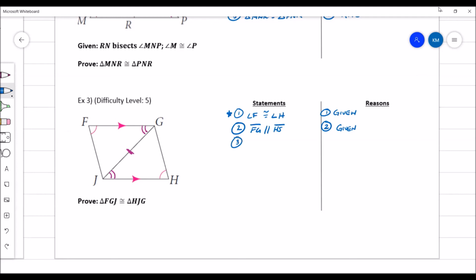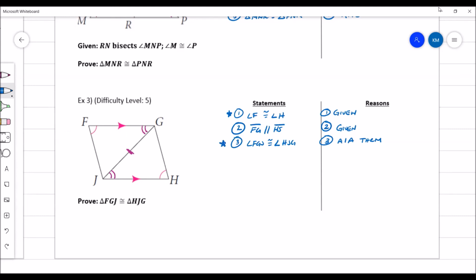It helped us because we saw that since those are parallel, then angle FGJ is congruent to angle HJG. And we know that because of the alternate interior angles theorem. And so now we've said two things are congruent.